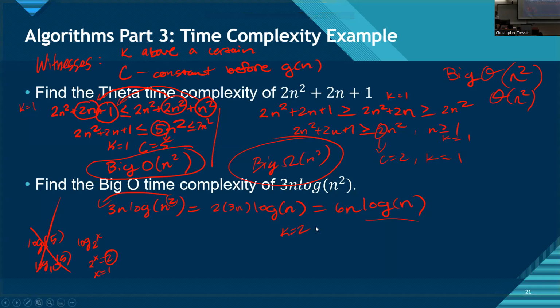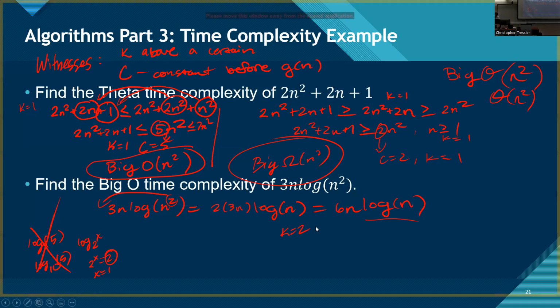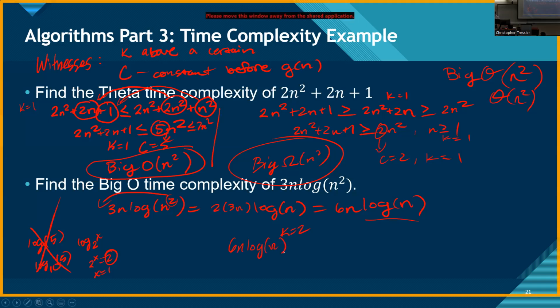And notice that when k is 2 or greater, what we have is 6n log of n, and it's always going to be less than or equal to any function. Really, this is basically already a base case.